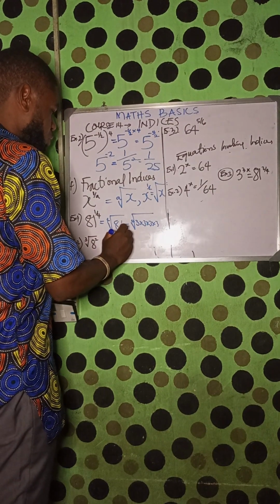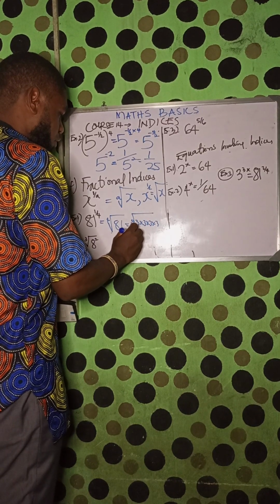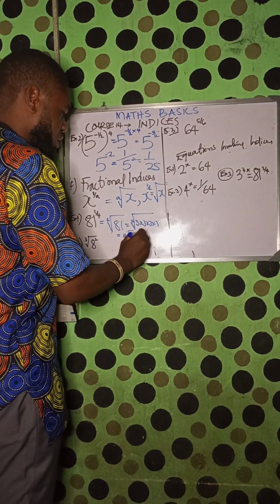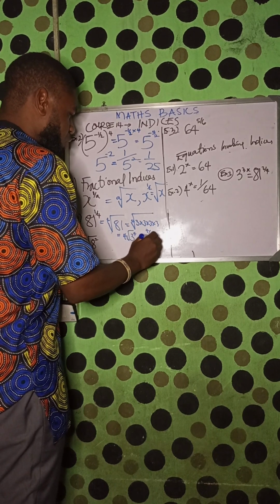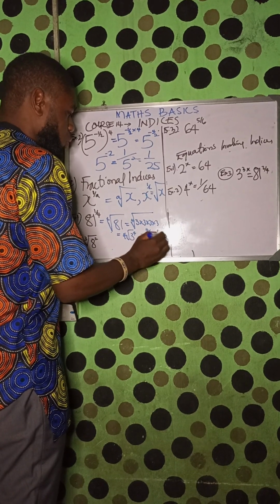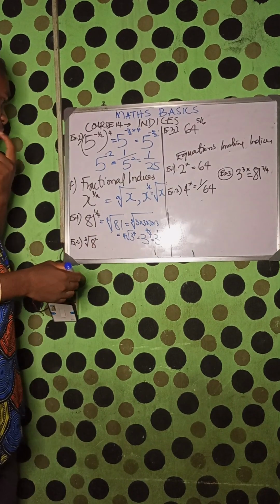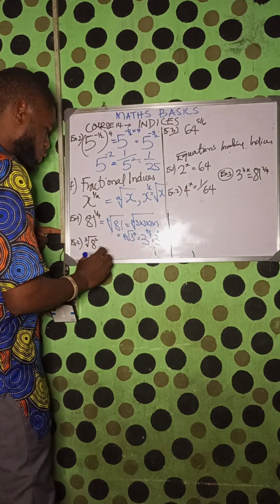So automatically this becomes the fourth root of 3 raised to the power 4. And from the law of indices, I can break it down to become 4 over 4. And this gives me 3 raised to the power of 1, which is equal to 3 as the final answer.